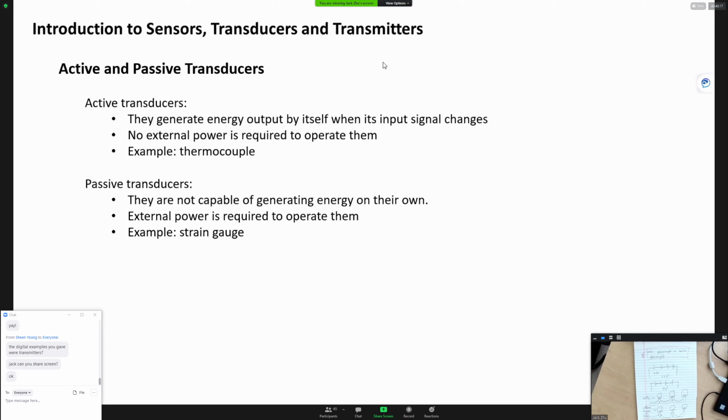That's why the thermocouple is considered an active device. But like an RTD or strain gauge, mostly those transducers or transmitters are just changing one of the electrical properties. They might change the resistance. Those are considered passive transducers.